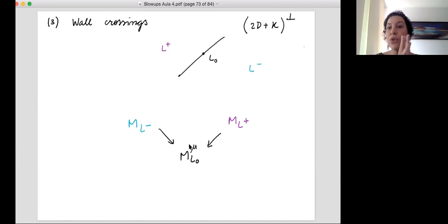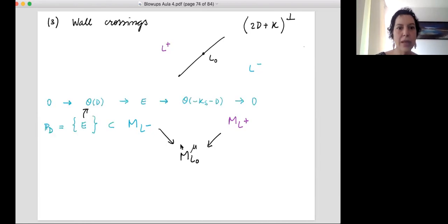These are going to be birational morphisms, and let me explain what they contract. If you look at the moduli space for L minus, then this was the computation that we saw before. You look at all the extensions of this form.